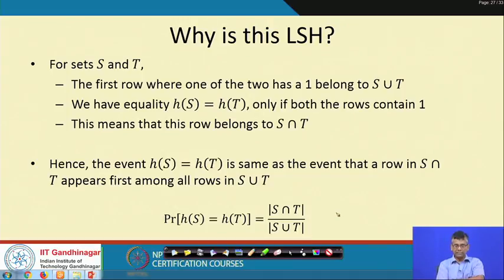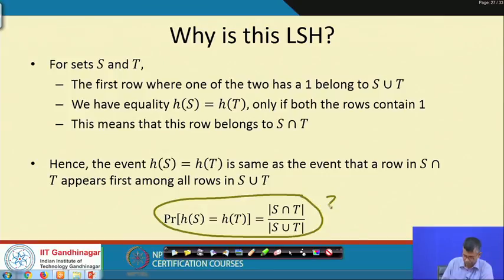What we are looking to argue is why this statement is true: that if I sample a hash function, i.e. a random permutation, and then I define the hash of S according to this min thing, then why is the probability that h of S equals h of t exactly equal to the Jaccard similarity between S and t? And again it is a very simple, but very clever argument.